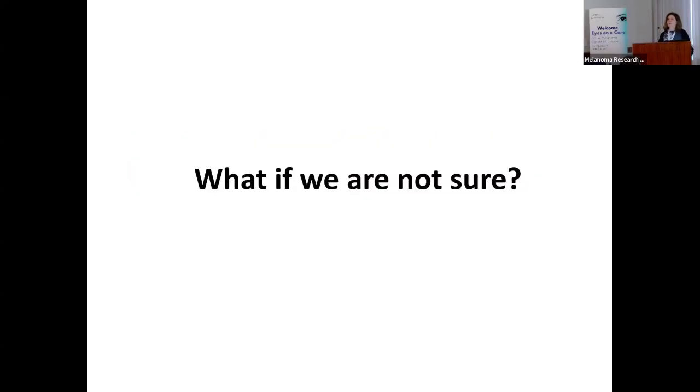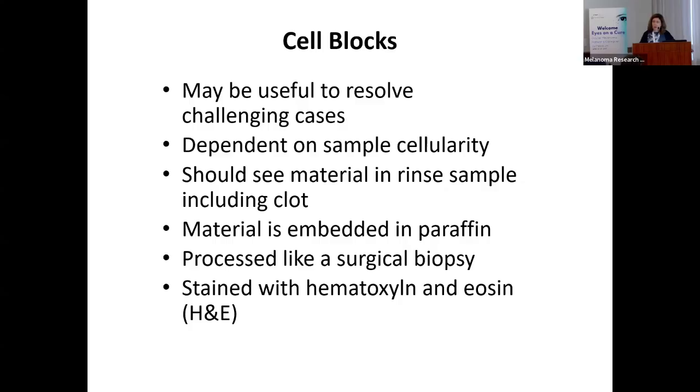So what happens if we look at the cells and we don't know if we're right about our diagnosis, or we just don't know if the tumor is melanoma or not? What can we do? Not everything is black and white for us. And we have to use some tools at our disposal. One thing we can do is make a paraffin tissue block.